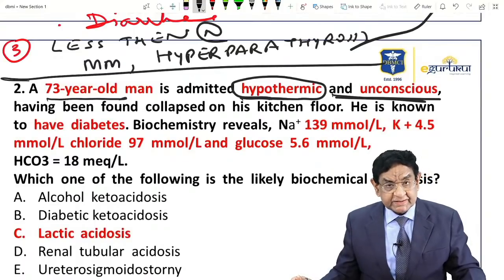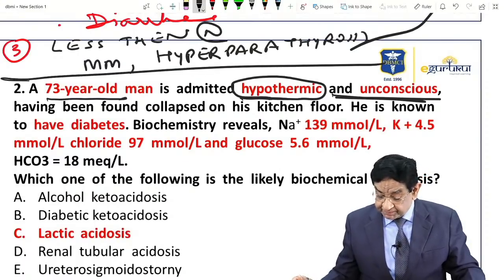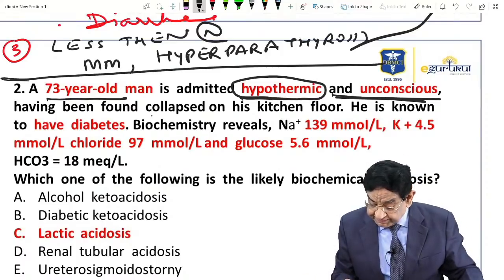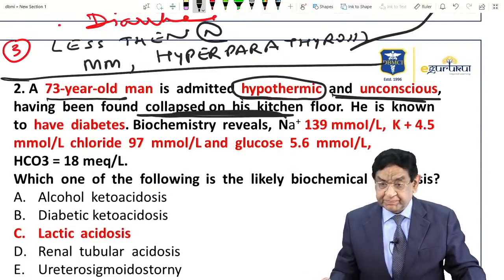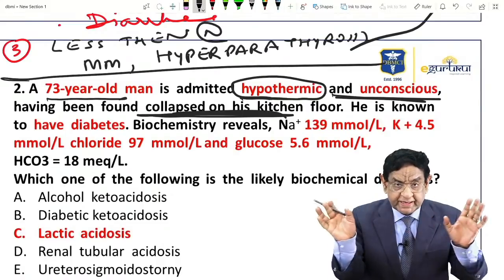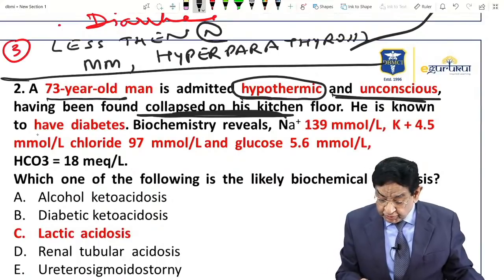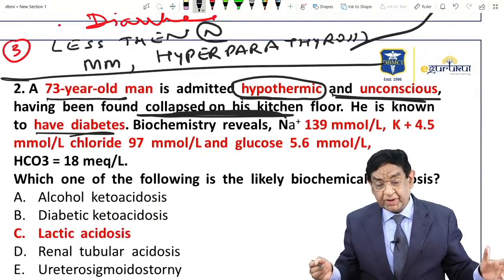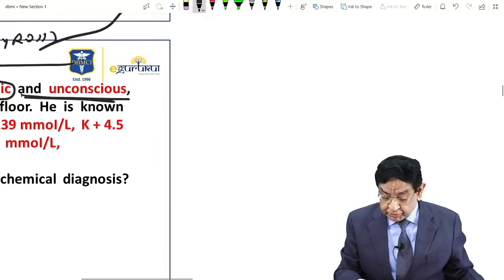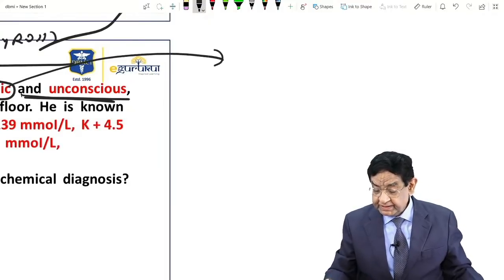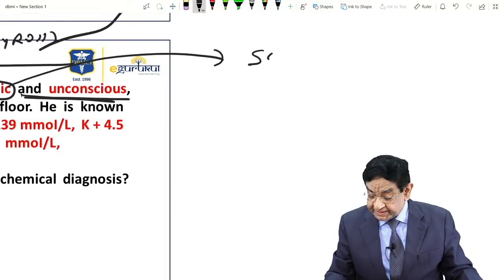But otherwise, in a routine patient, look, he collapsed in the kitchen. So we presume he was at home, so he was not exposed to severe cold. And he is known to be diabetic. What is it talking about? So in which condition can hypothermia occur? It can occur in septicemia.